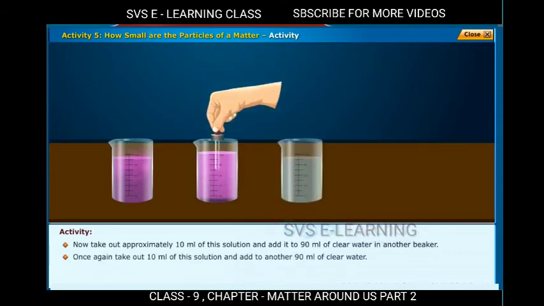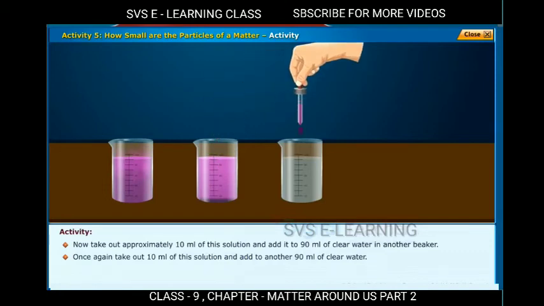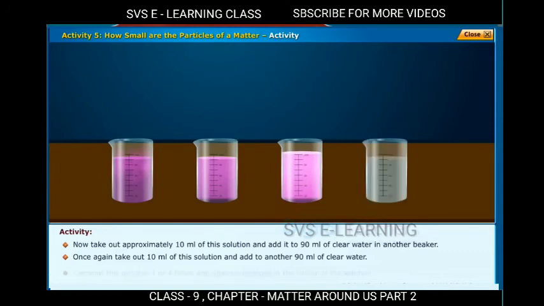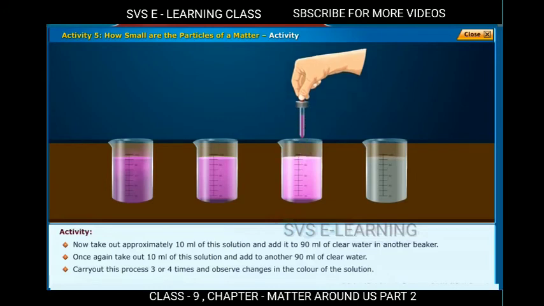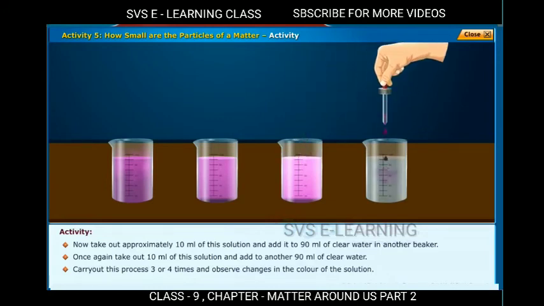Once again, take out 10 ml of this solution and add it to another 90 ml of clear water. Carry out this process 3 or 4 times and observe changes in the color of the solution.